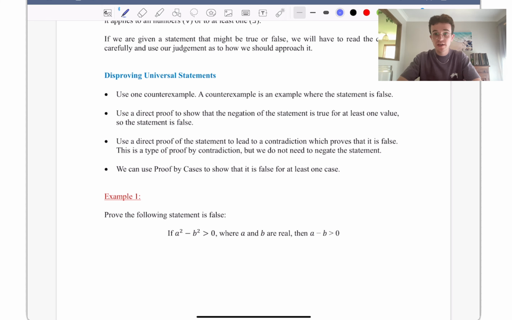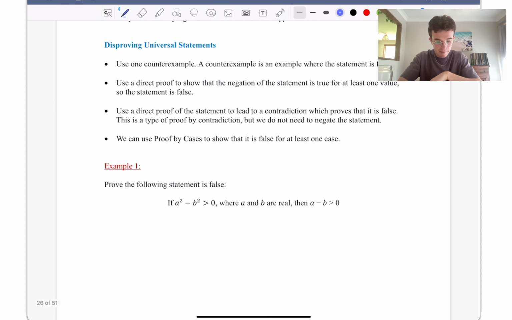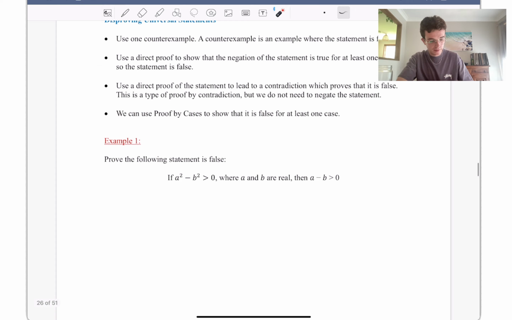A few other ways we can disprove these universal statements: we can use direct proofs, we can use contradiction, and we can use proof by cases. Proving false for at least one case is really just the same as that first thing there.